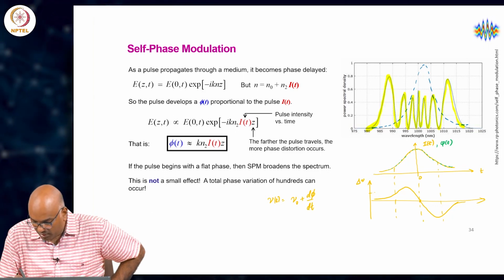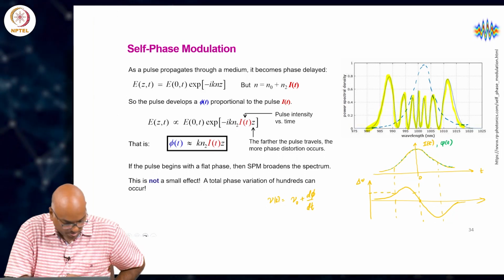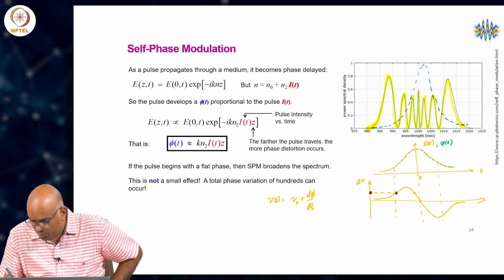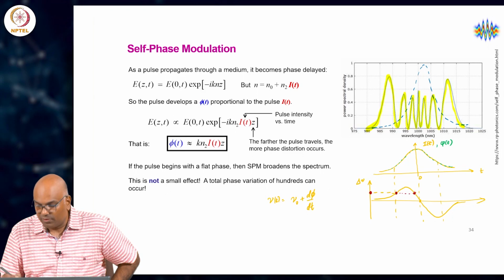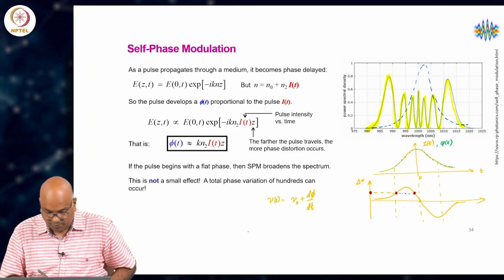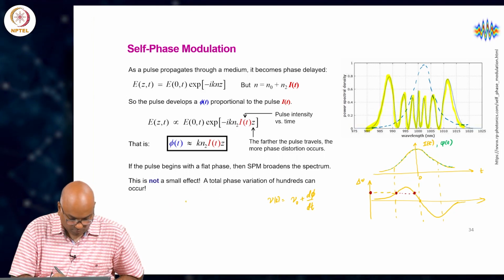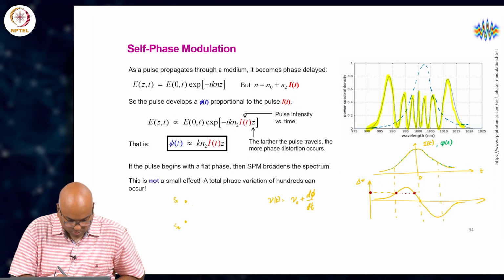Now, for a given value of delta nu, we have two sources in time from which this frequency can be produced. So, we have two sources, S1 and S2.